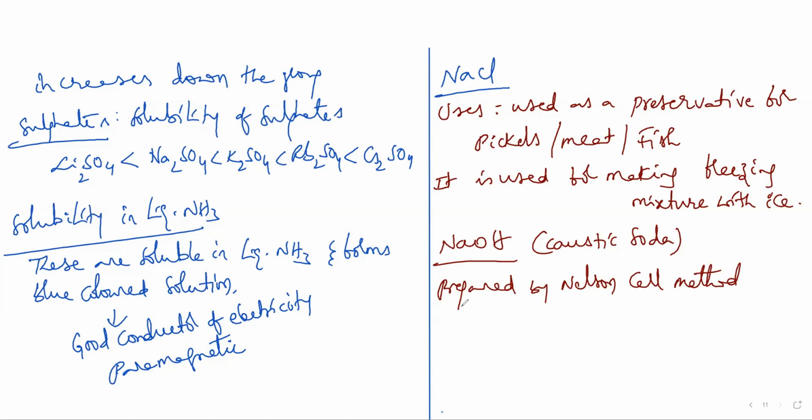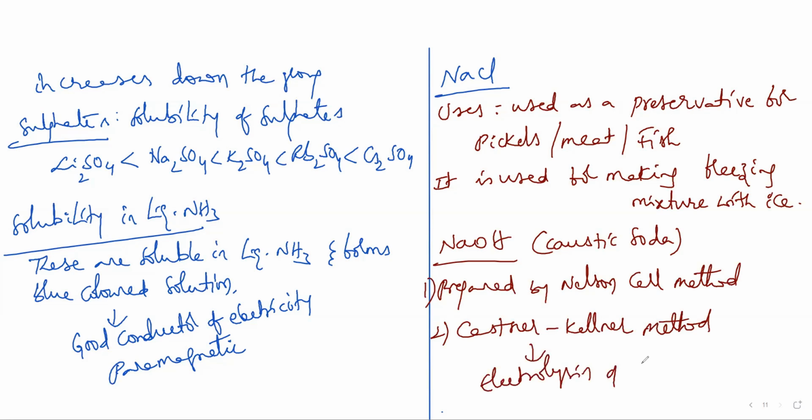This first point. Second point is prepared in Castner-Kellner method also. Castner-Kellner means electrolysis of brine solution.